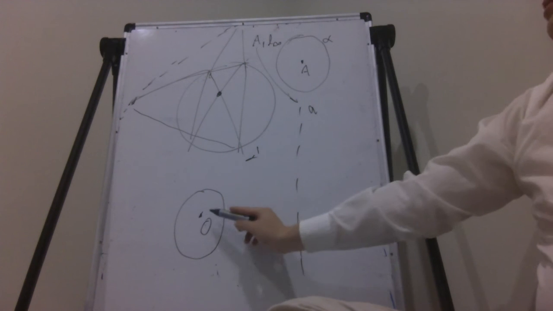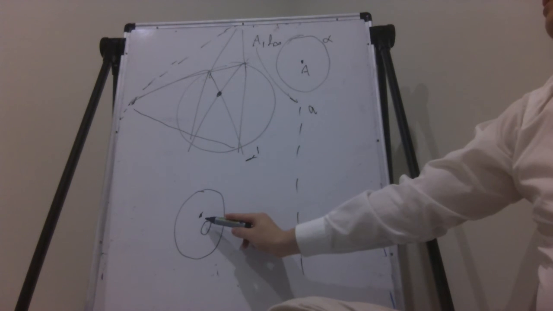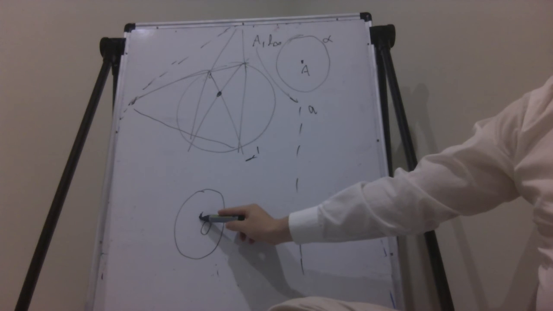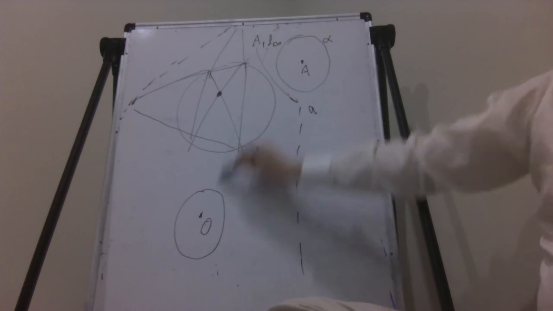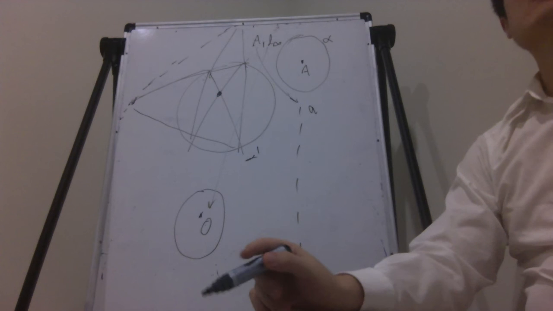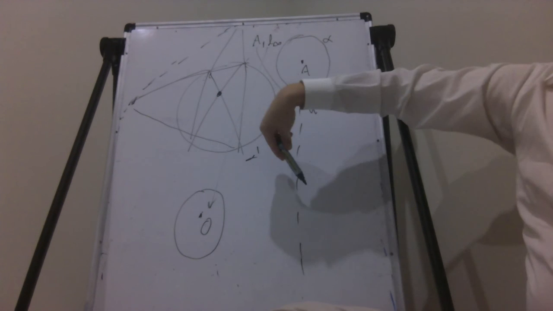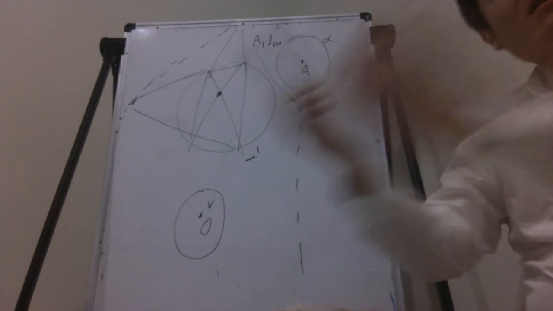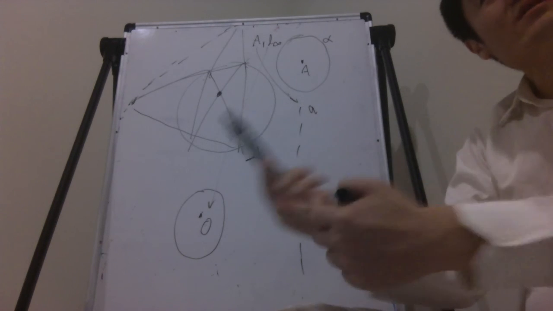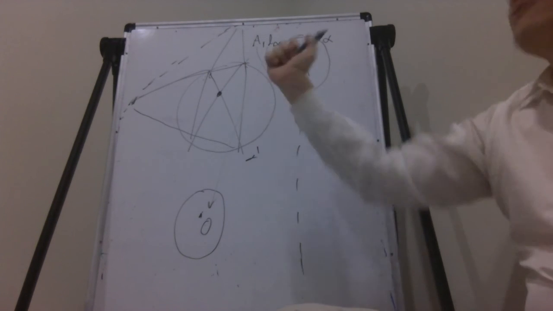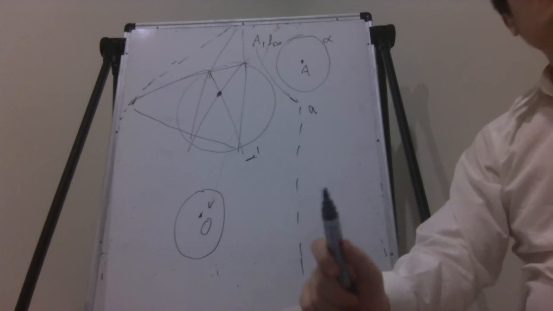Because when you're reciprocating with respect to that, this becomes O. So now the focus and the directrix are pole and polars of each other with respect to the conic alpha prime.